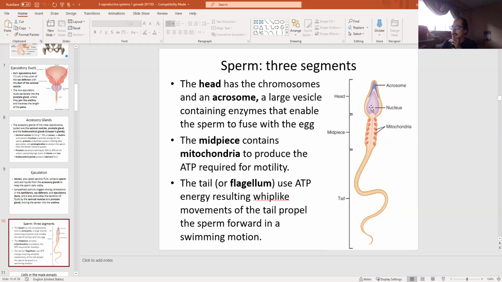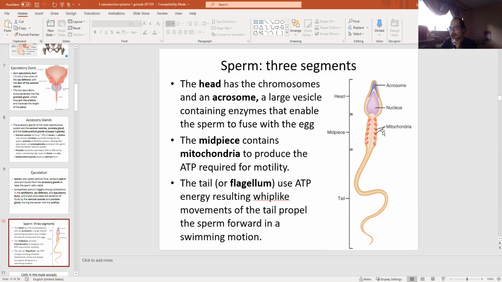Following that, we have the mid piece. This region contains a lot of mitochondria. This is a very typical structure of a cell with a flagellum, because the flagellum conducts movement, and that movement requires energy.